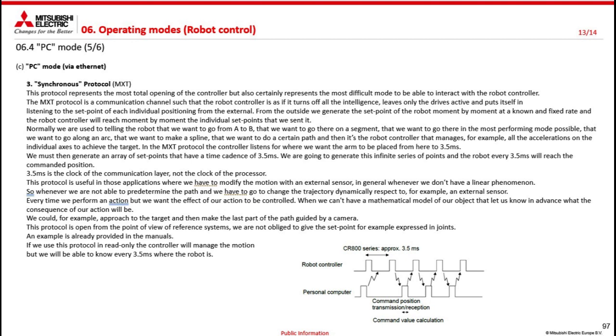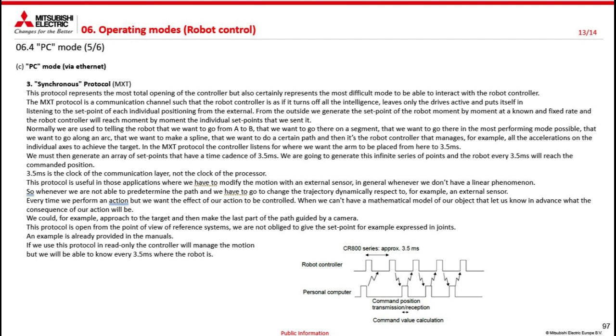So let's see the last protocol, the most complicated one, which is the synchronous protocol called MXT. So it is the third possibility. We have to manage the robot from the outside through Ethernet communication. This protocol represents the most total opening of the controller, but it also certainly represents the most difficult way to interact with the robot controller.